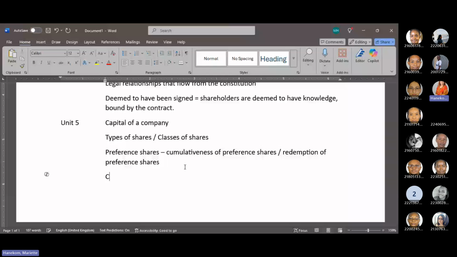Make sure you understand the concept of class rights. What are class rights? Class rights are rights that are unique to every class of shares. That's what distinguishes one class from another. The variation of class rights.